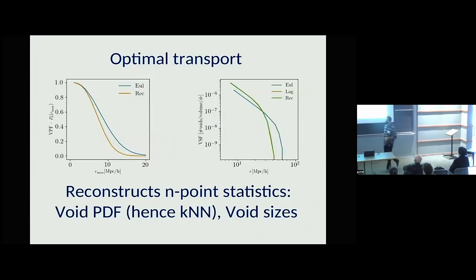Okay, we've checked n-point statistics. So rather than doing bispectrum and stuff like that, here's one example. We're just looking at the voids. Void probability distribution, Eulerian and reconstructed. The gold is reconstructed. Underneath the gold is the actual protohalos.